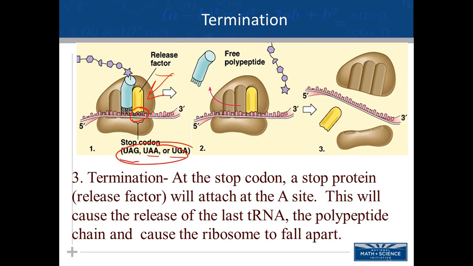When that happens, it causes the release of that last transfer RNA, and when that happens, it also disengages from that polypeptide that's being made, and so now the ribosome will come apart and release that messenger RNA. That messenger RNA can be translated again and another protein can be made.